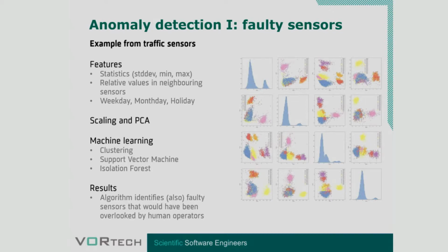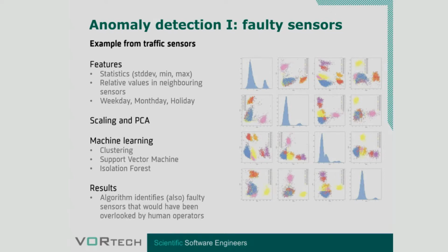And you can imagine, they are devices. So from time to time, one of these sensors breaks down and starts to collect the wrong information. And we were asked by the owner of these sensors to come up with an algorithm to automatically detect the sensors that are suspicious.